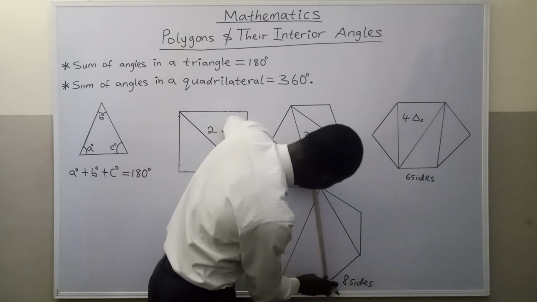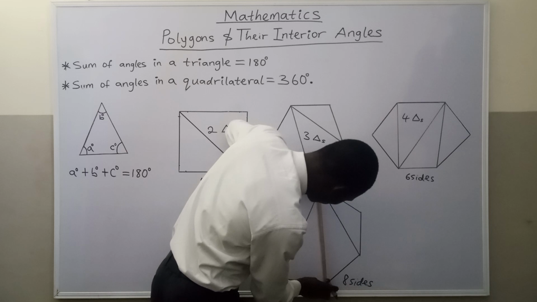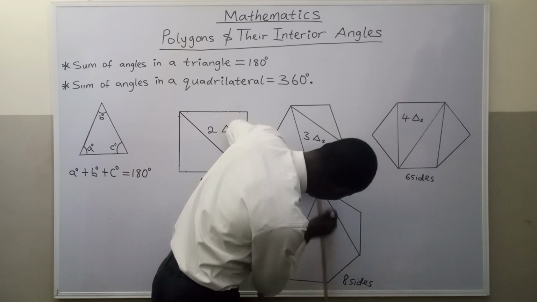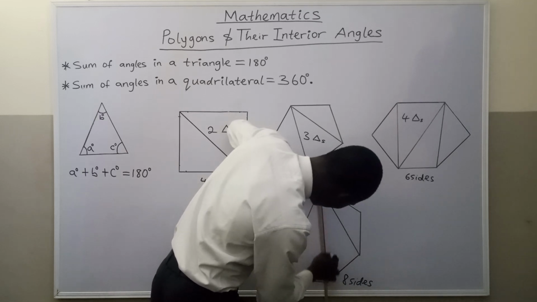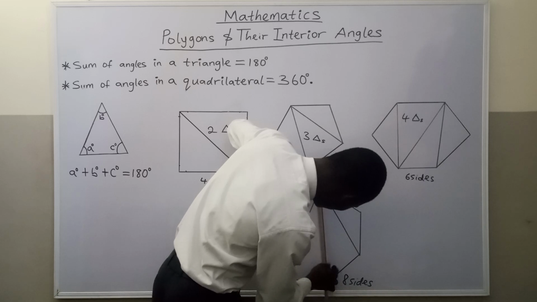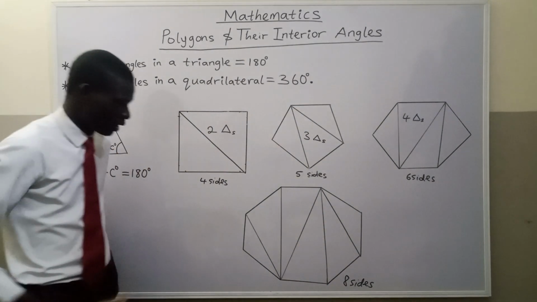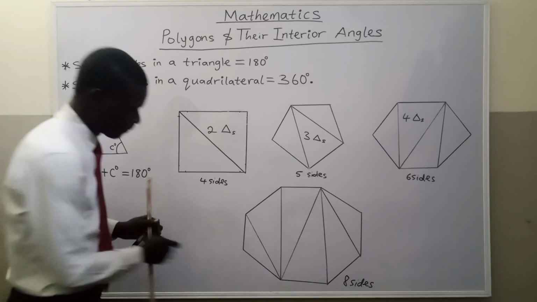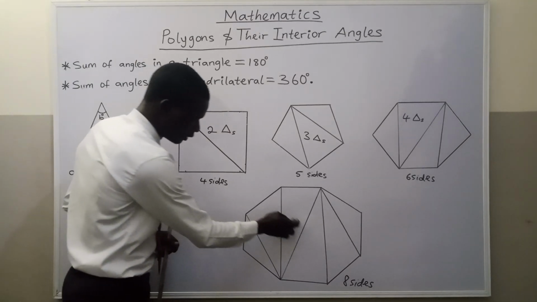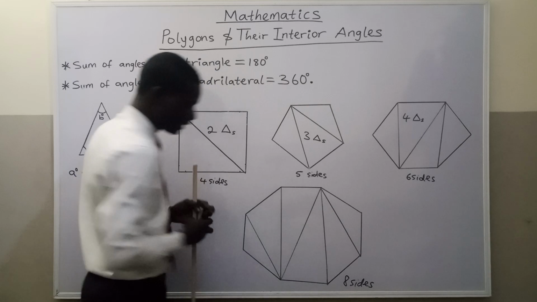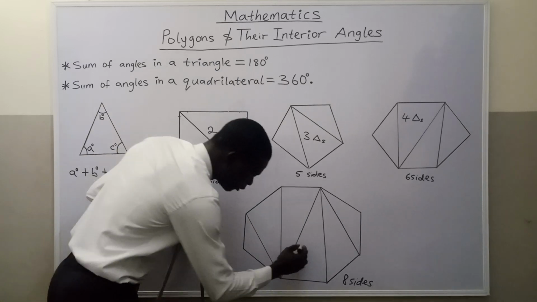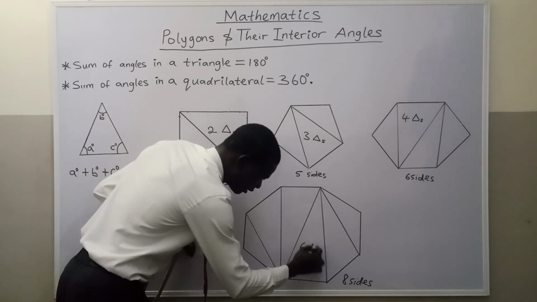Yet another one. Yet another one. So let's count how many triangles we're able to bring out of this now. How many? 1, 2, 3, 4, 5, 6. 6 wonderful triangles from here.